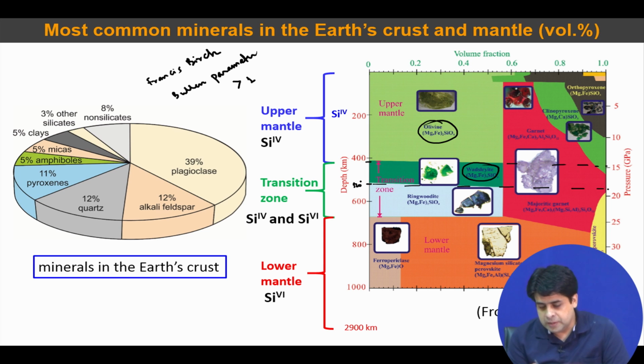And if you look at the remaining part of the upper part of the transition zone, you mostly have majorite garnet. When you go slightly deeper in the upper part of the transition zone, you will find that clinopyroxene is no longer stable. Clinopyroxene will completely dissolve into the garnet structure and make majorite garnet.